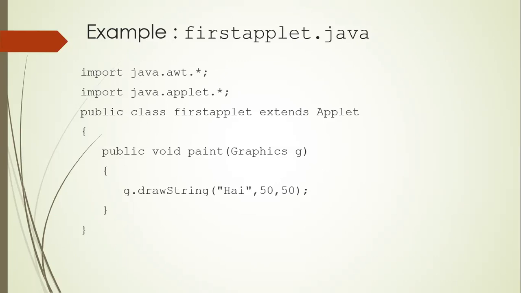We are using the keyword called public here. Why do we need to give it as public? You remember, I already told you that applet supports web browsers. So a web browser is used to view websites. What is the purpose of a website? To share information.